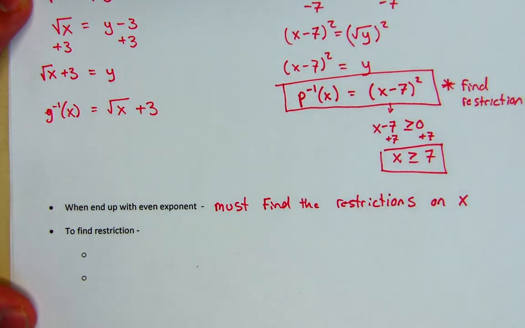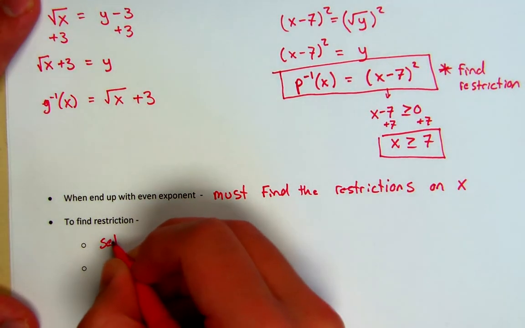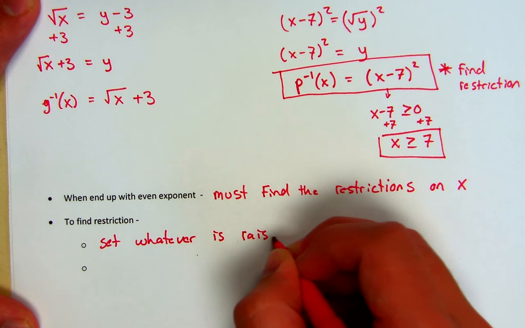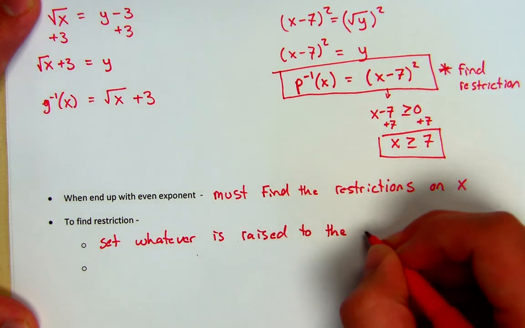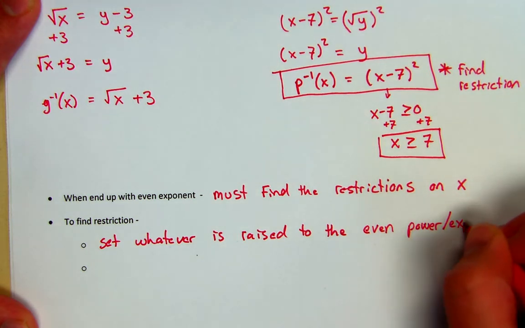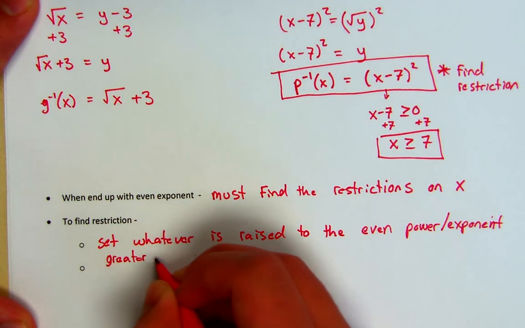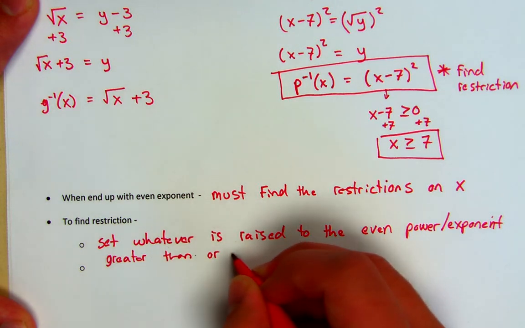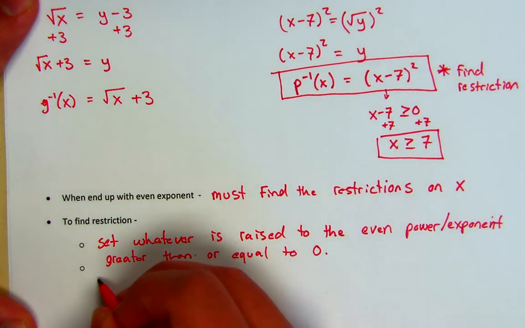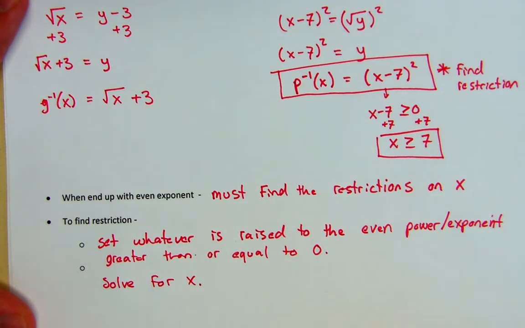And to find that restriction, you're going to set whatever is raised to the even power greater than or equal to 0, and then you solve for x if you need to.